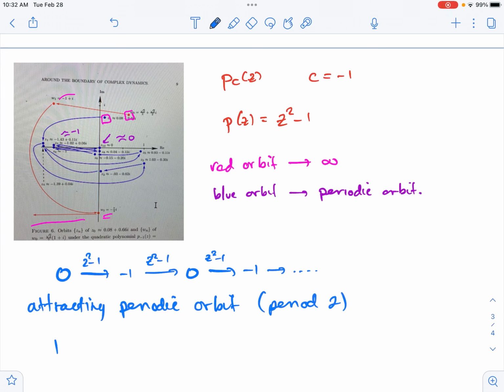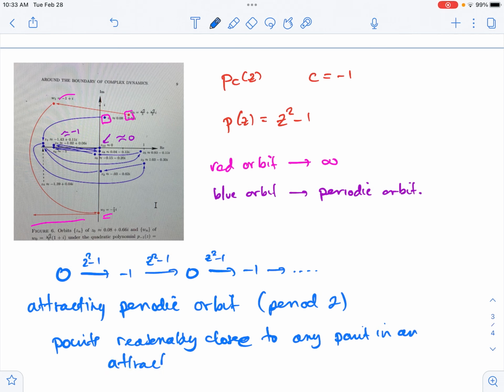The assertion there is that points reasonably close to any point in an attracting orbit get pulled into it.